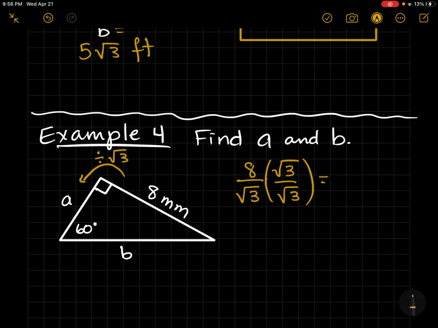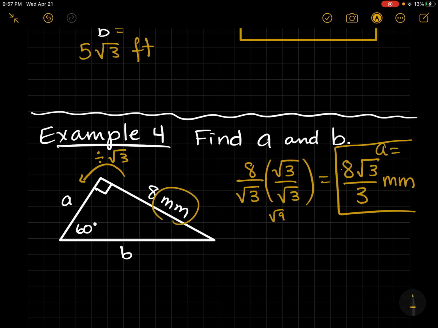Don't forget how to do this process. So we have 8 radical 3 over radical 9, which is just 3. We cannot reduce the 8 and the 3, so we're going to leave that. So we have units, so that's millimeters, and that's our A value.